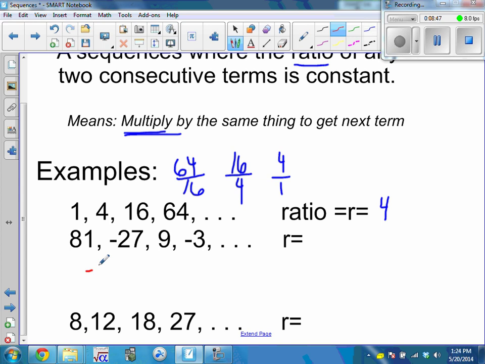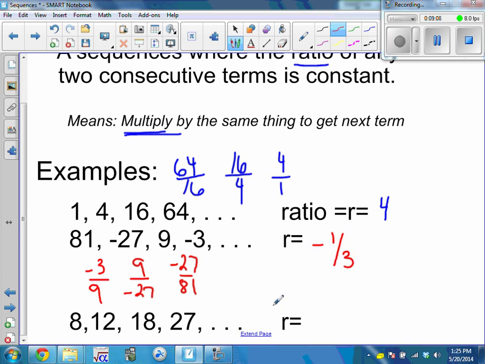I take negative 3 divided by 9, 9 divided by negative 27, negative 27 divided by 81. You can see my r is going to be negative 1/3.